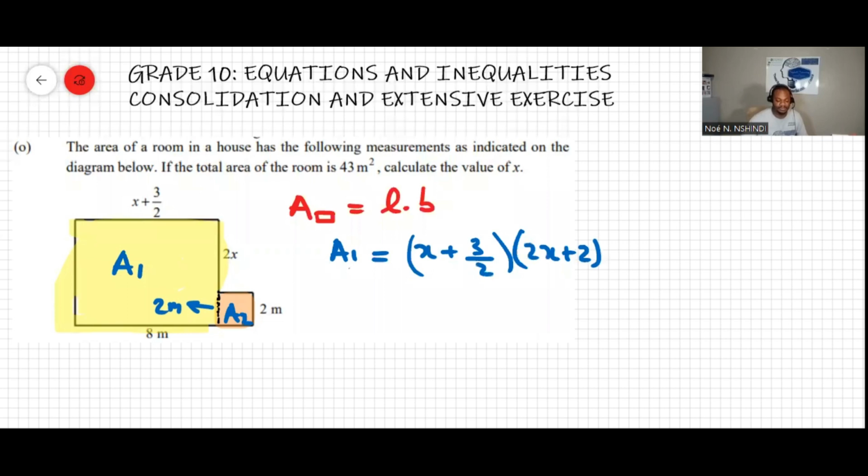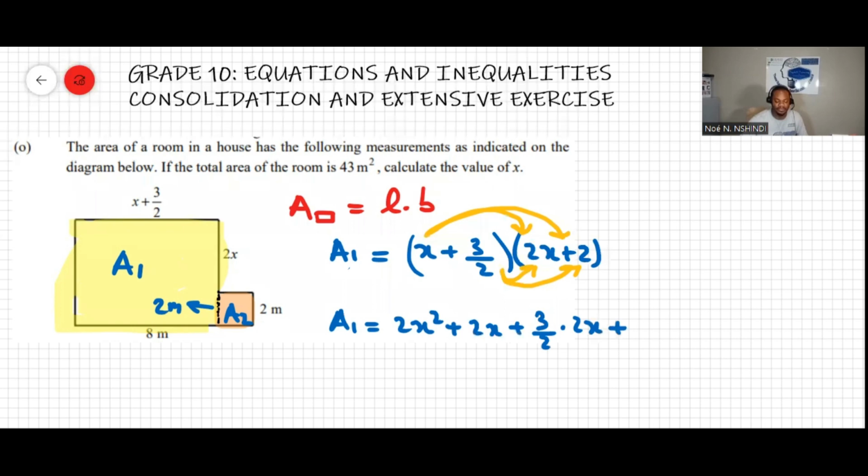And then we multiply x times 2x, x times 2, and 3 over 2 times those also. So A1 will be equal to x times 2x makes 2x squared, x times 2 makes 2x, 3 over 2 times 2x, and then plus 3 over 2 times 2.